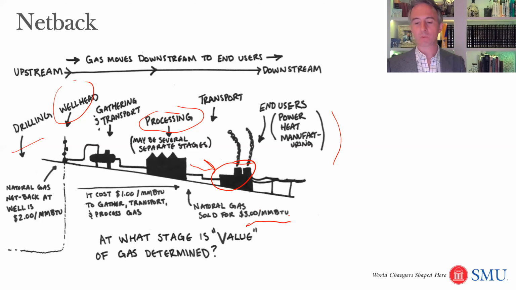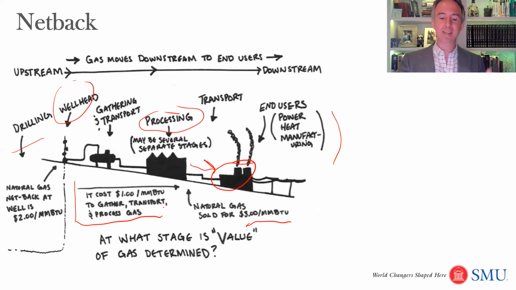And so let's say that we sold our gas to this end user for $3 an MMBTU. Now imagine that it cost about $1 per MMBTU to take that gas from the well to that end user. So you had to gather it, you had to transport it, you had to process it until it was ready for them to use.